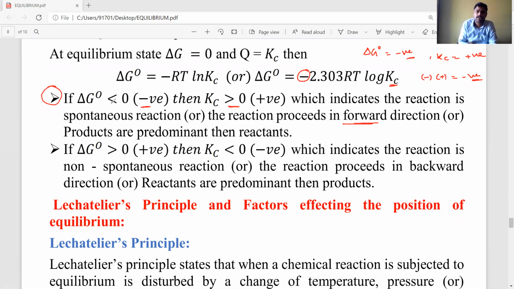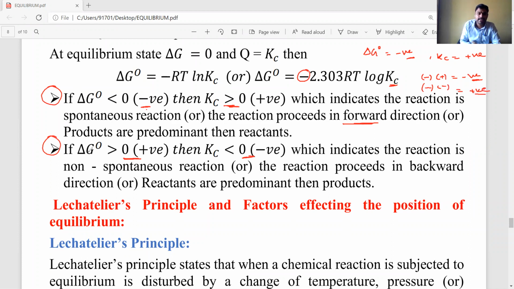Okay, students. So when delta G naught is negative and Kc is positive, the reaction is spontaneous, or in the forward direction. Forward direction means products are present in more amount when compared with the reactants. Next, the second condition: delta G naught is positive and Kc is negative, meaning minus of minus is positive.